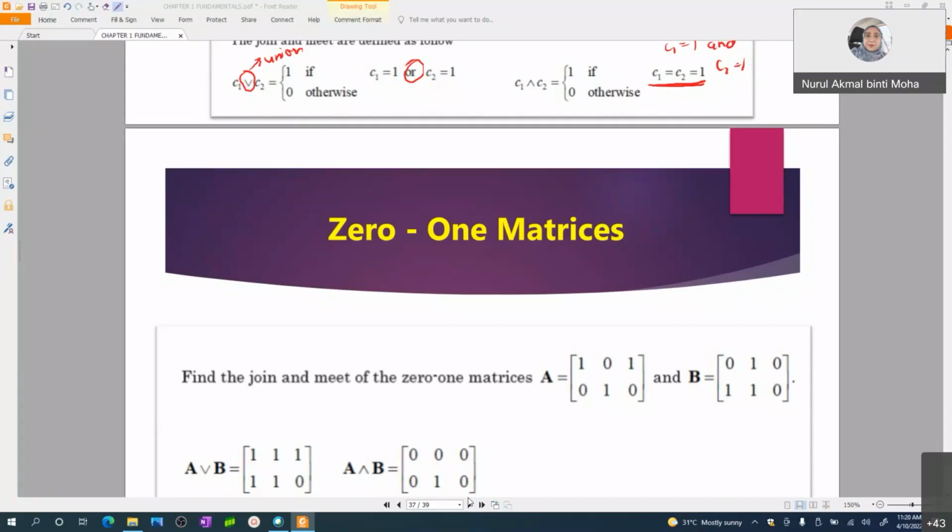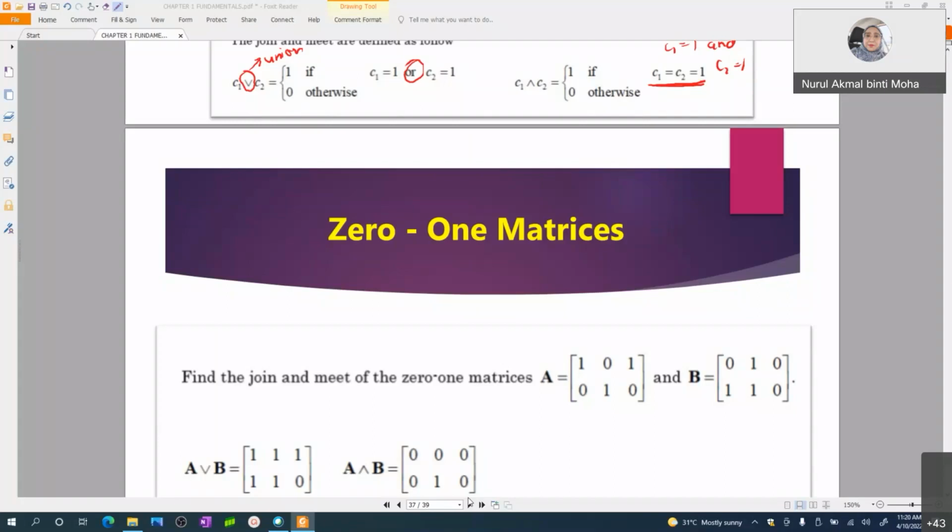Okay, let's have the Boolean product between A and B. A is 1 0 1, 1 0 0, 1 1 0, and B is 1 1 0 0 1 1.